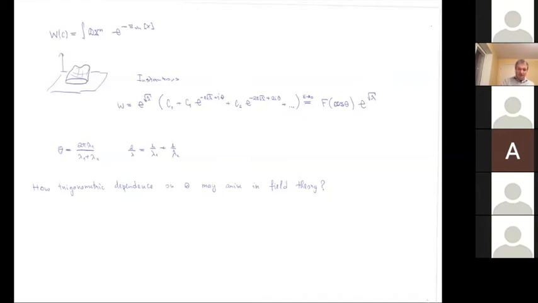And then A equals C. So what happens is that we have two theories, and one of them is not only weakly coupled, but is not coupled at all. And duality is simple only when the coupling is strong, right? So we are in the opposite regime.